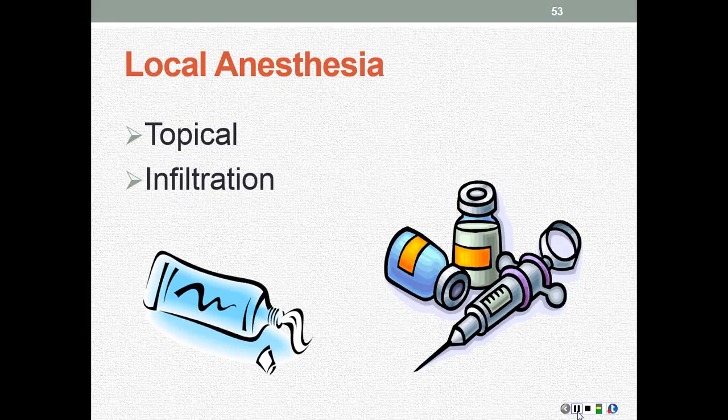There could be a risk for infection, but there's a bigger risk of irritation and allergy. Yes. But if you can get by with that, certainly you don't have the systemic responses and issues like you do with the general anesthesia.